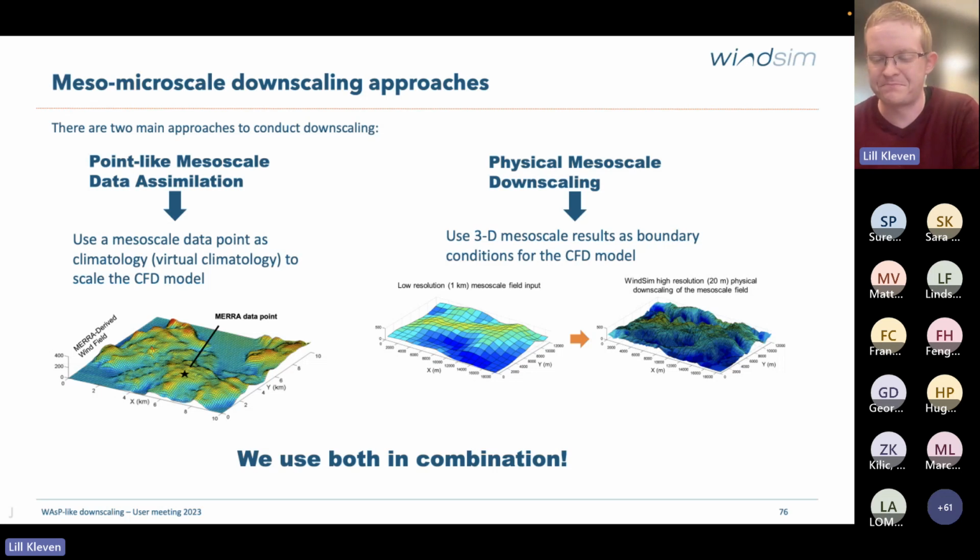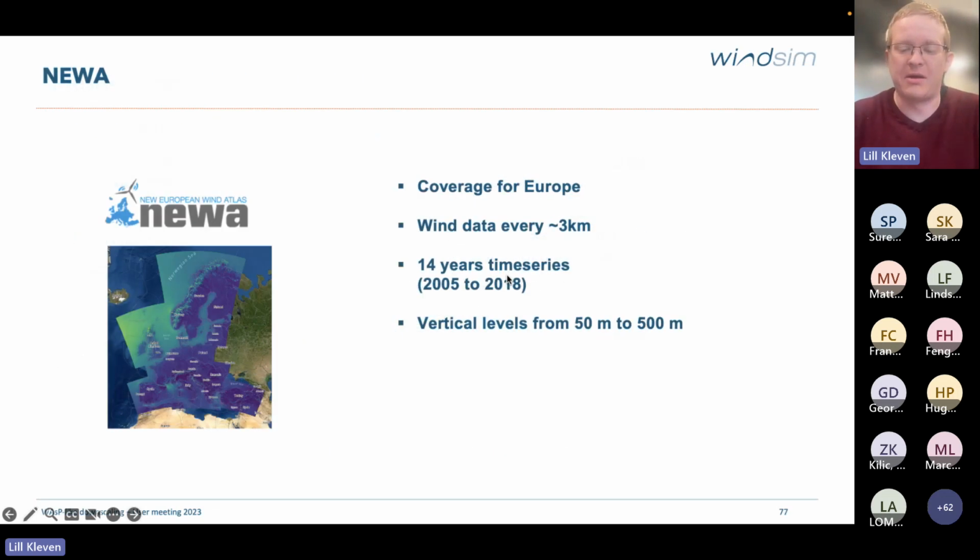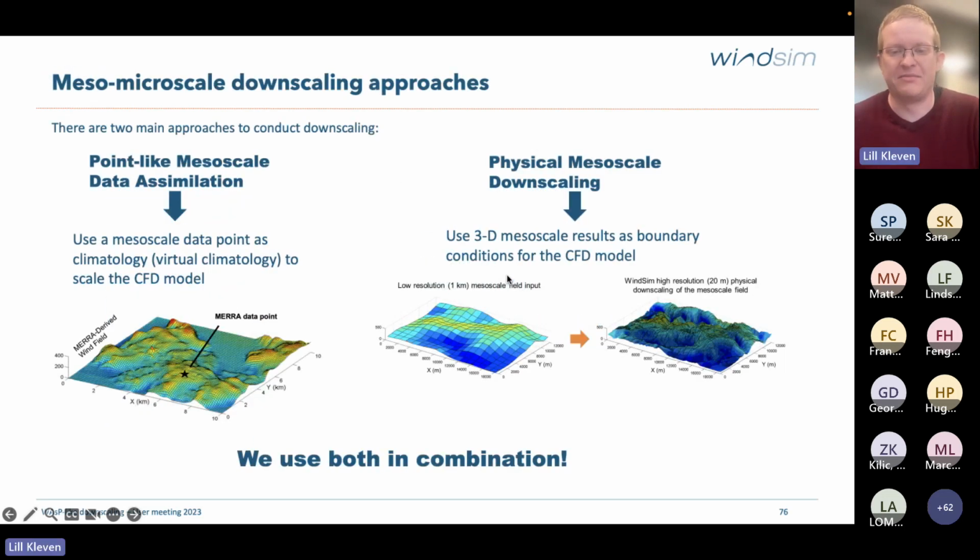The approach that comes to mind first, if you've got used to running the WRF model, is physical mesoscale downscaling, where you use the boundary conditions from the WRF model as an input to the CFD model, and then you can run it over time in transient mode to get a downscaled version of the mesoscale field.